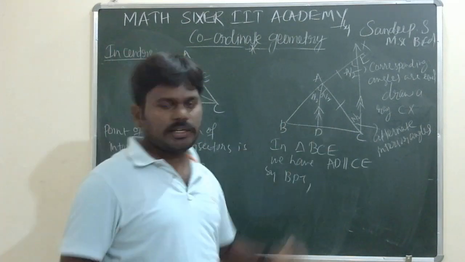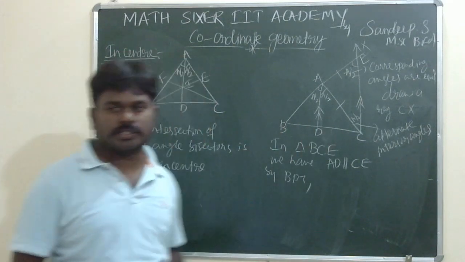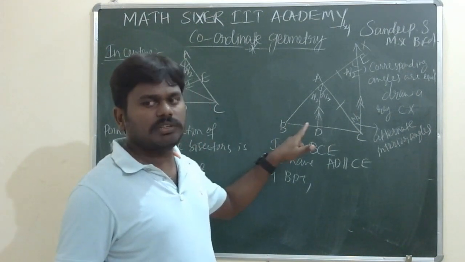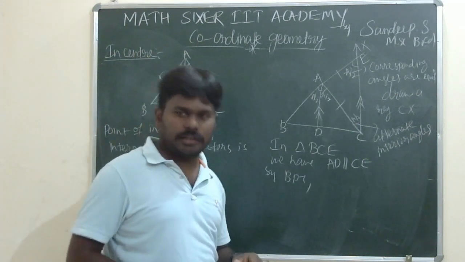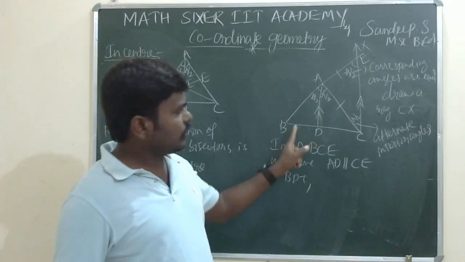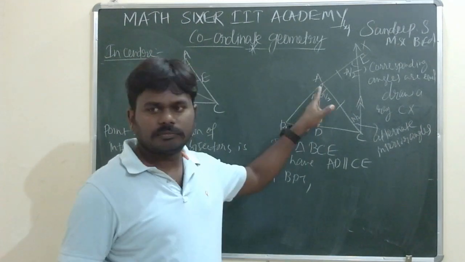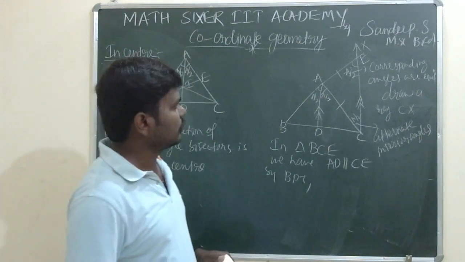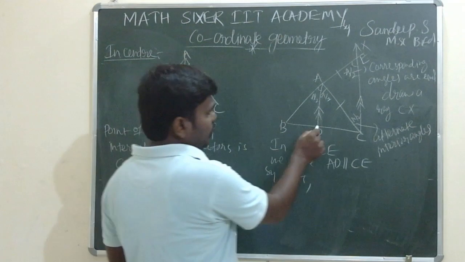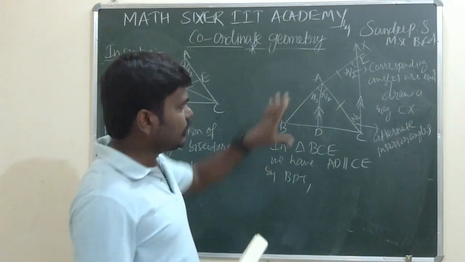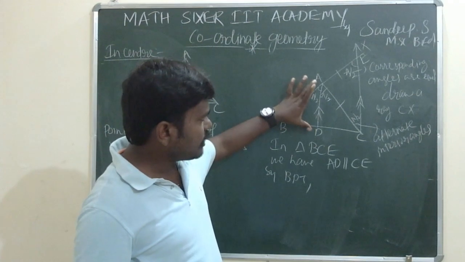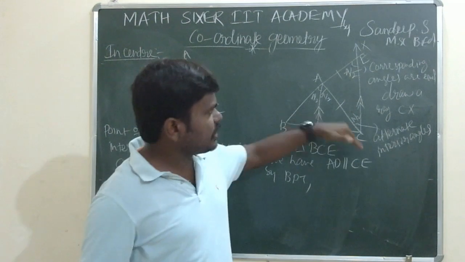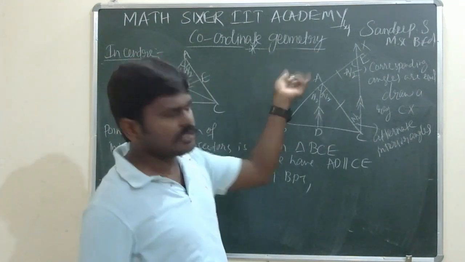The statement: when you draw a line parallel to any one side of a triangle which intersects the remaining sides at distinct points, it divides the remaining sides in the same ratio. Here AD is parallel to CE, so the remaining sides, BC and BE, are in the same proportion.